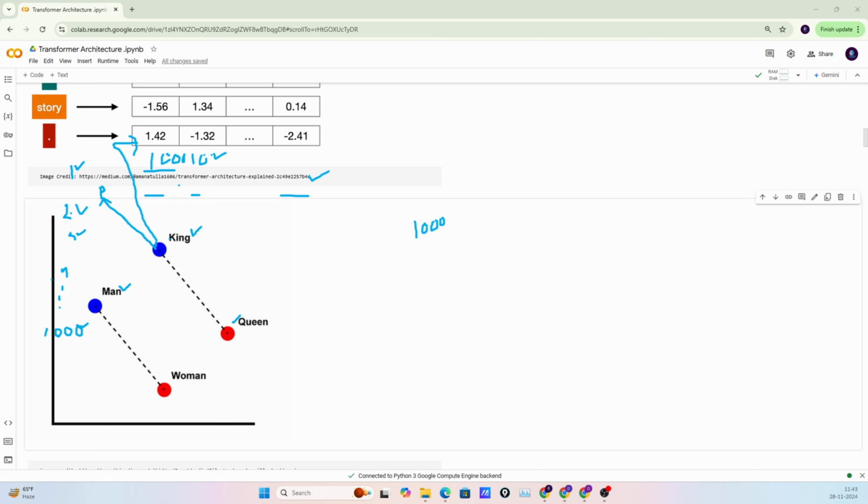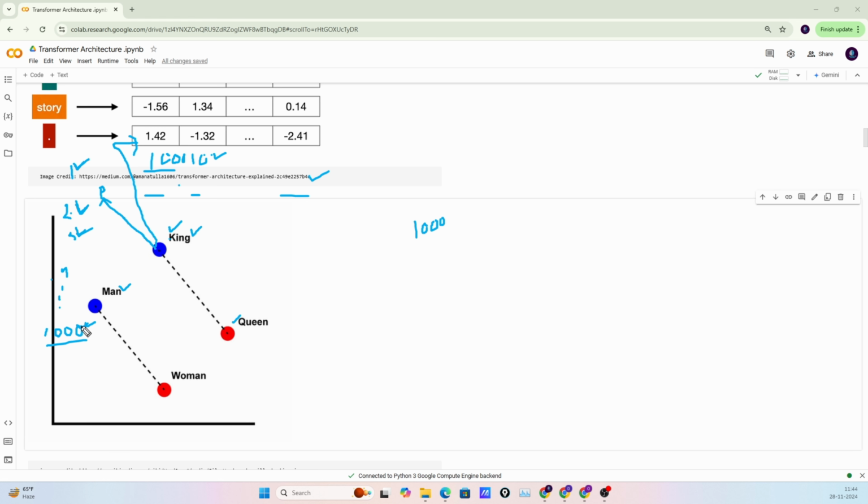Let me repeat this, because it is a little bit complex. Suppose we have a large sentence or paragraph of up to 1000 words, and at position 1000 we have the king word.